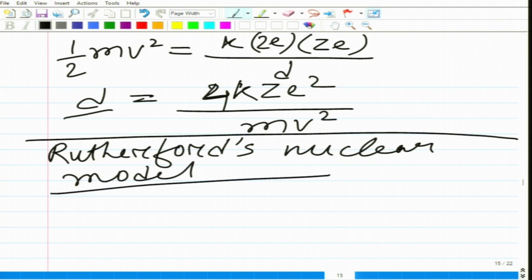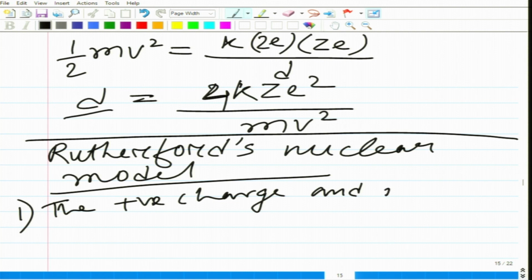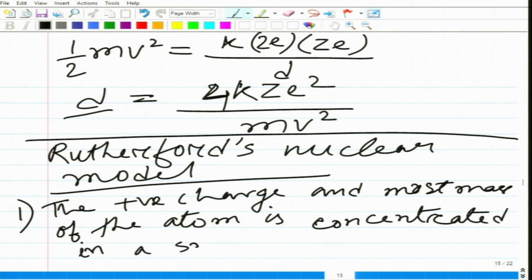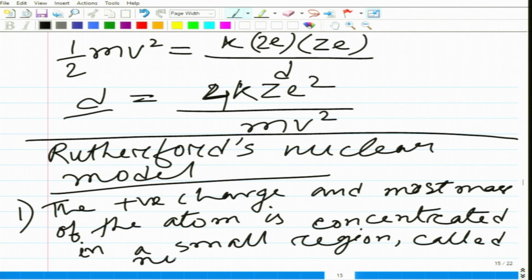The first statement was that the positive charge and most mass of the atom is concentrated in a small region called nucleus.